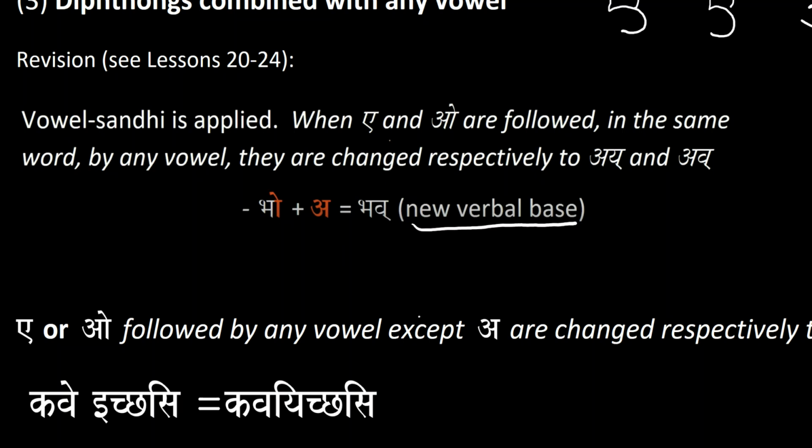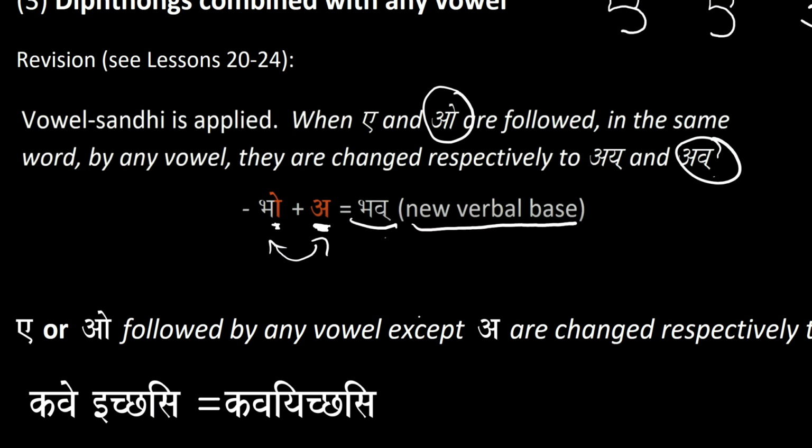So as a reminder, when e and o are followed in the same word by any vowel, they are changed respectively to ay and av. So bho, to be, to become, plus it was in the rule in the first conjugation to add these two together, combine to give us av, because when o is followed by any vowel, it turns into an av.